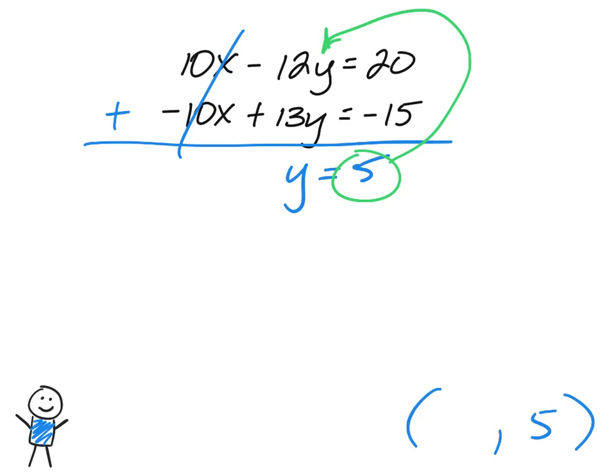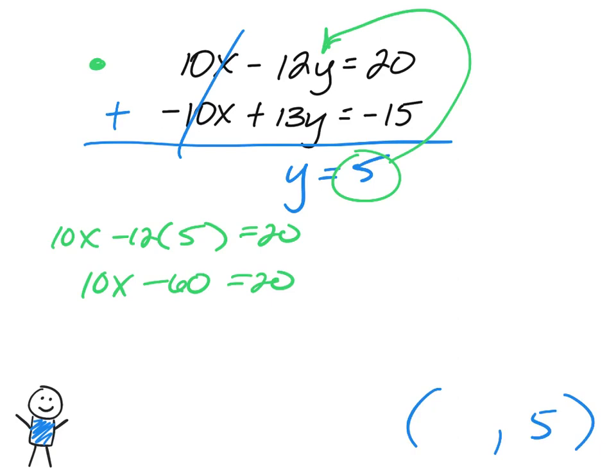So I'm going to rewrite that top equation as 10x minus 12 times y equals 20. In place of the y, I'm going to plug in the 5. This leaves me with 10x minus 60 equals 20. I'm going to cancel that minus 60 by adding 60 to both sides, leaving me with 10x is equal to 80.